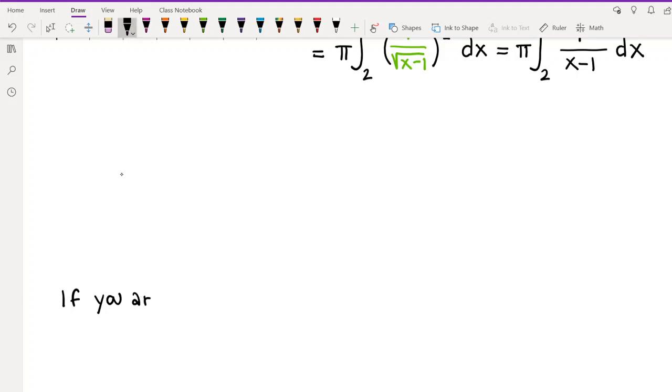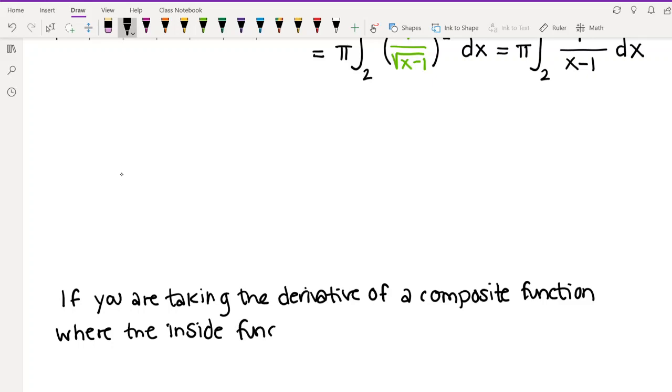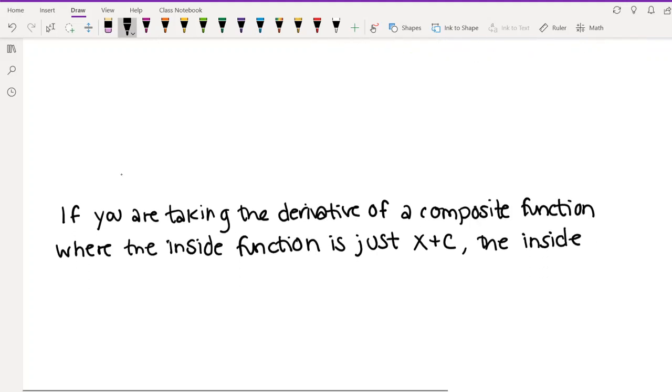If you are taking the derivative of a composite function where the inside function is just x plus c, where c could be a positive or a negative number, basically, when you use the chain rule, the inside derivative is just going to be 1, so it's not really going to contribute anything.